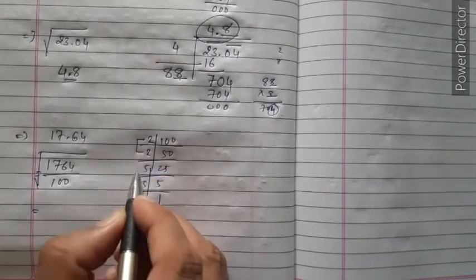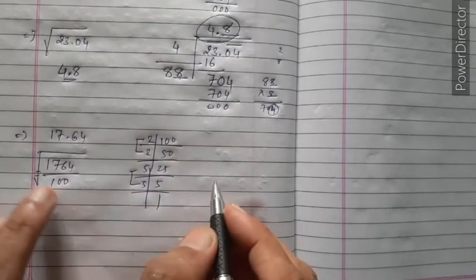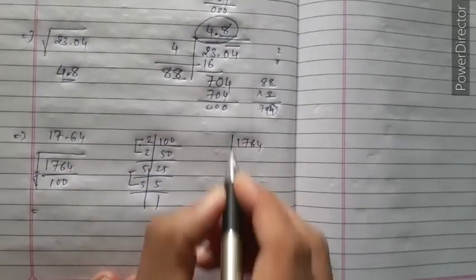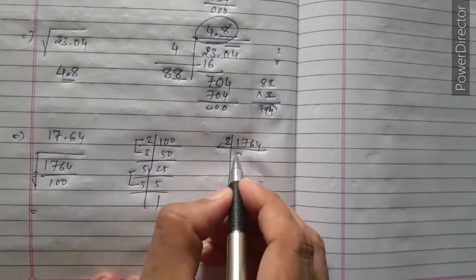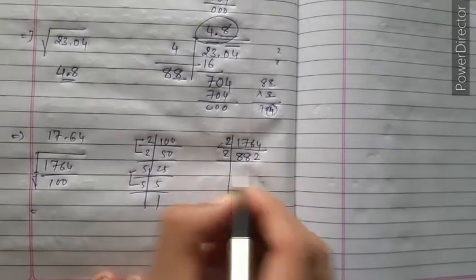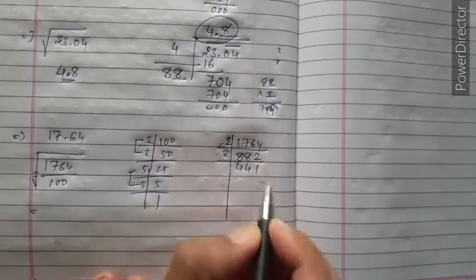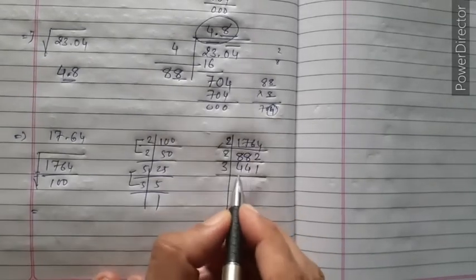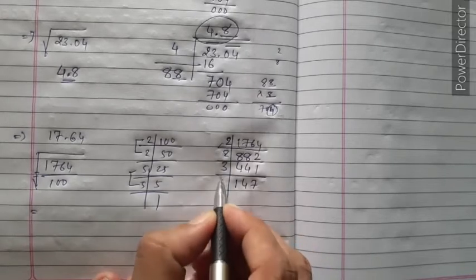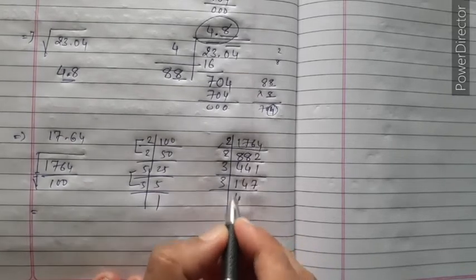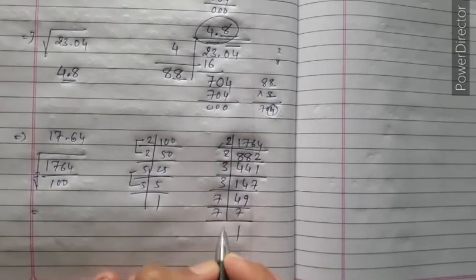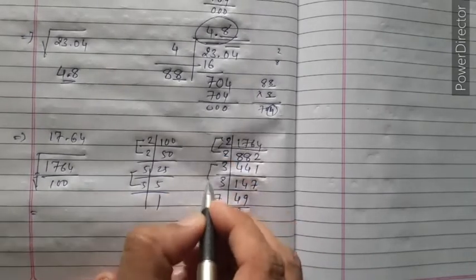Here 1764 is there: 2 882, 2 441, 3 147, 3 49, 7 7s are and 7 1s are. Make pairs of 2s here.